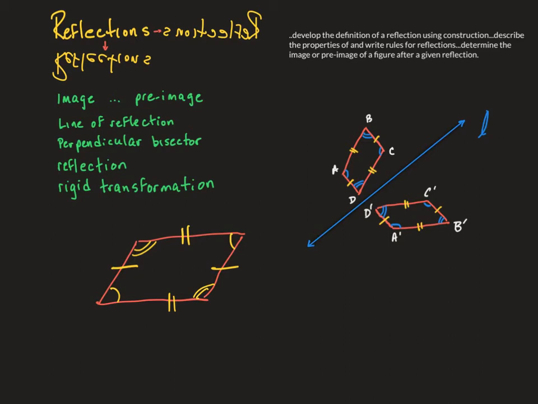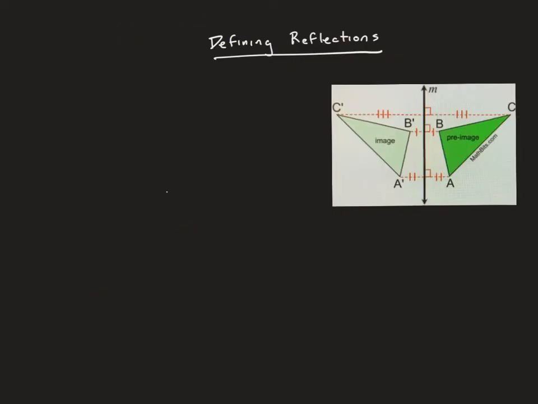But to show proper reflection, we're going to look at this next drawing, which is going to be a little bit more specific. Here, this is intended to be a reflection, and we can see here that B maps to B prime, C maps to C prime, A maps to A prime.